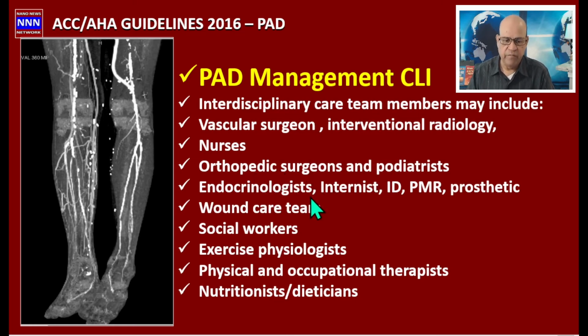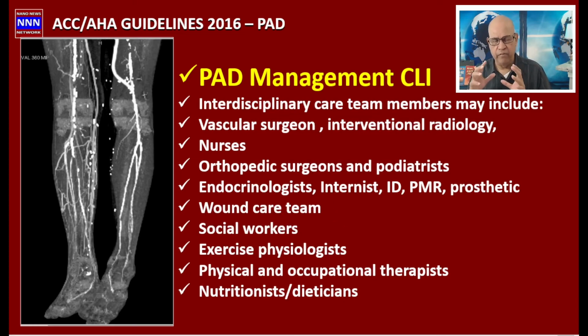We need endocrinologists, internists, infectious disease specialists, especially if they have osteomyelitis. We need physical medicine and rehab people to rehabilitate these patients. And of course, if these patients have to go through amputation, they need the prosthetic department involved. Wound care becomes an important part.